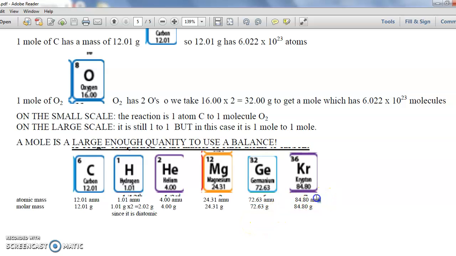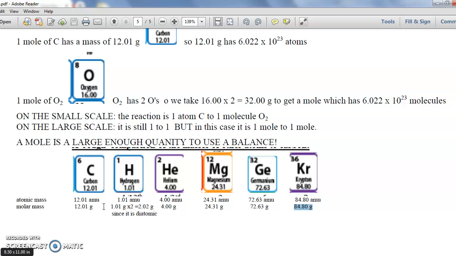Look at krypton here. A krypton atom is 83.80 AMUs. The average mass of krypton's isotopes, 83.80. To have a mole of krypton, I would need 83.80 grams. The krypton atom is 7 times larger than the carbon atom's average, so my mass would also have to be 7 times larger.